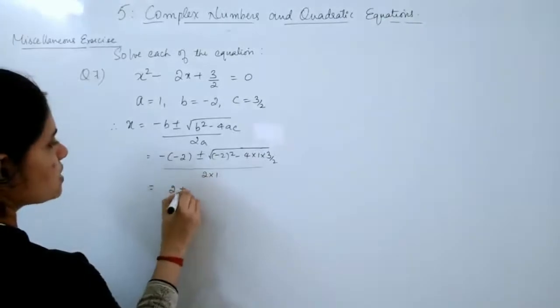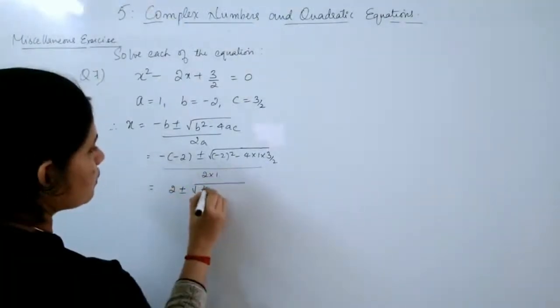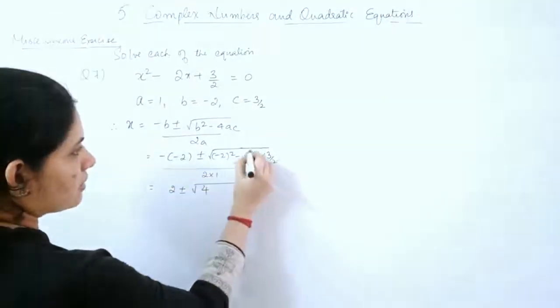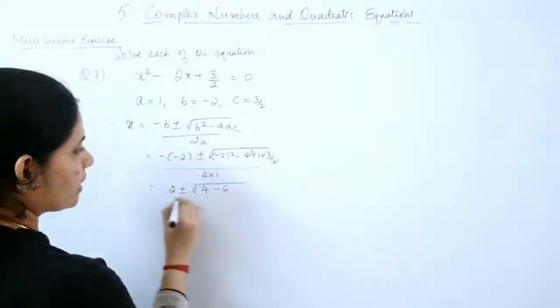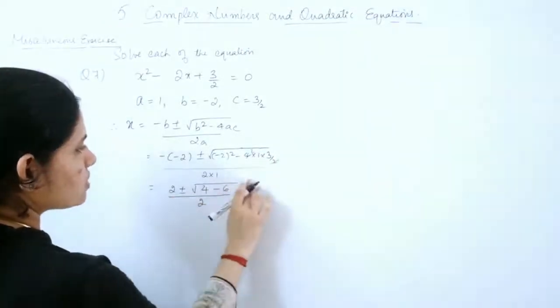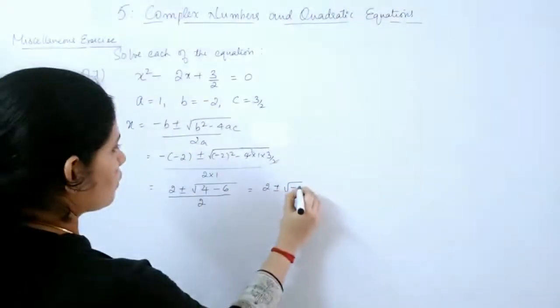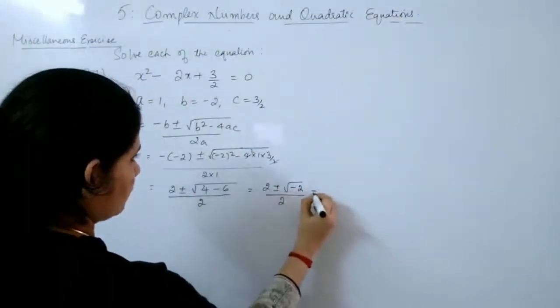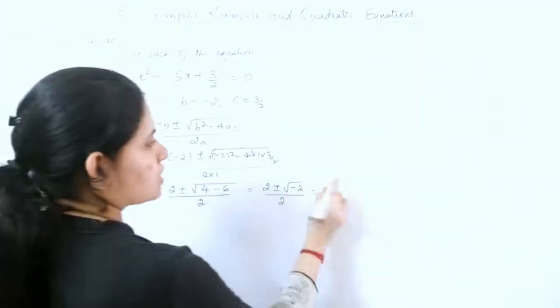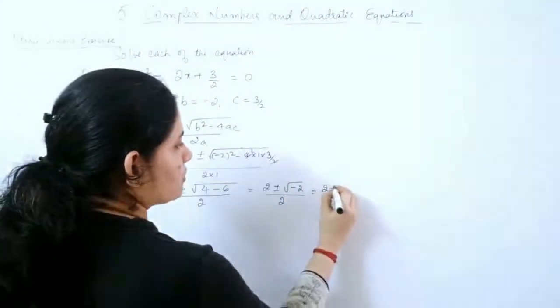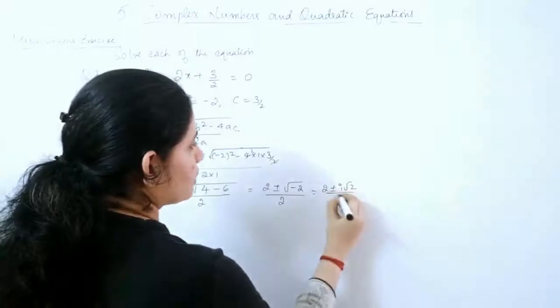So you'll get 2 plus or minus root of, so will give you 4. Here 2 into 3, 6, so 4 minus 6 divided by 2, so that you will get it to be 2 plus or minus root of minus 2 divided by 2. Now if you take out the negative, so you can write 2 plus or minus I root 2 by 2.